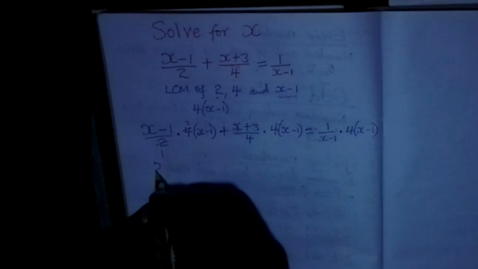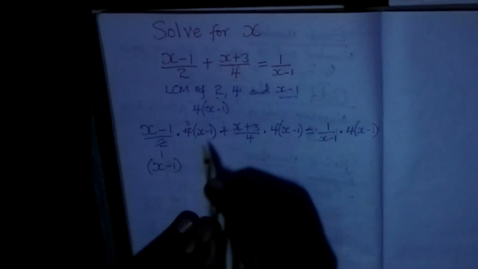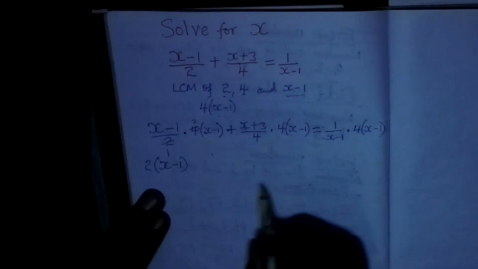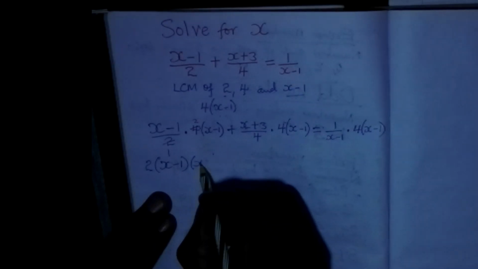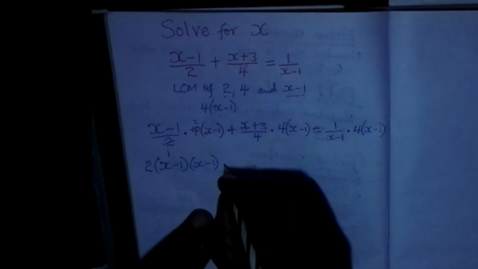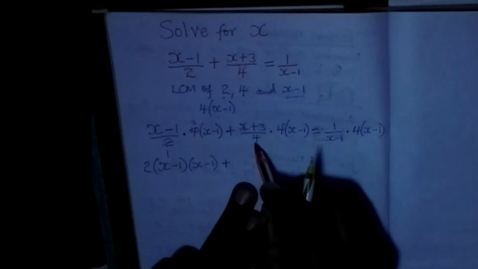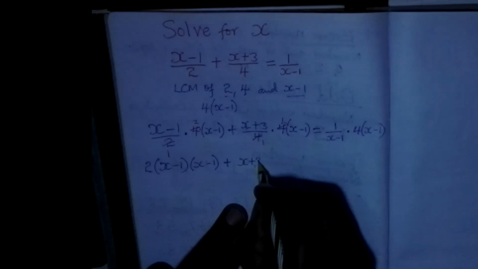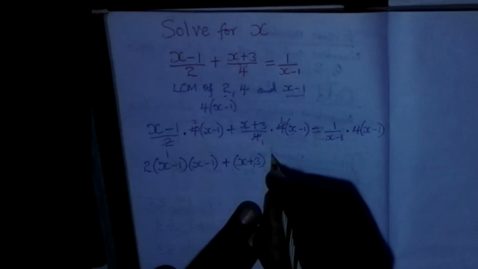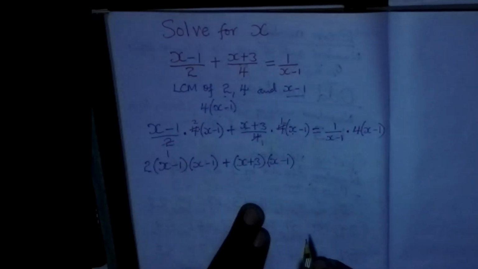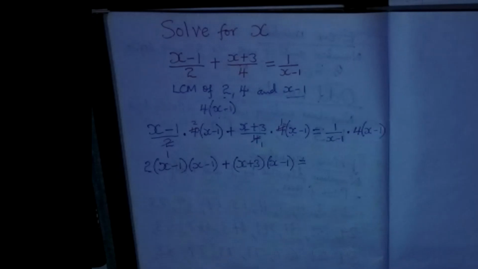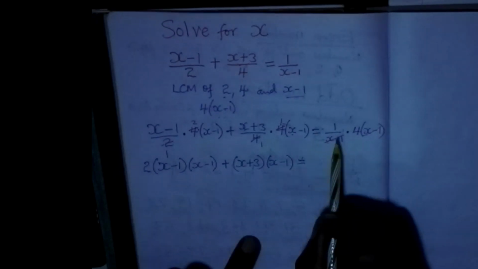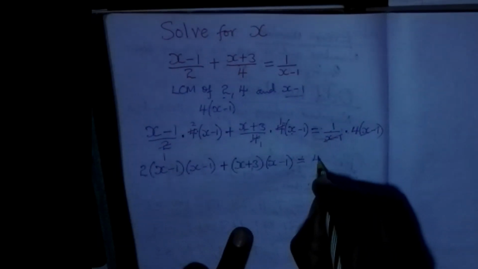From that case we have (x minus 1) into bracket, we multiply by 2, so we can put 2 in front, then we multiply by (x minus 1), close the bracket, then plus the other one divided by 1 by 1, and therefore we have (x plus 3) into bracket multiplied by (x minus 1) into bracket will be equal to the other term, where x minus 1 and x minus 1 will cancel, and therefore we have 1 times 4, we get 4.